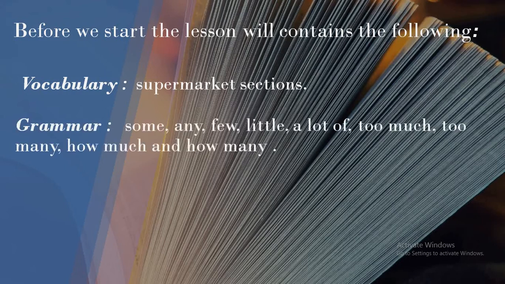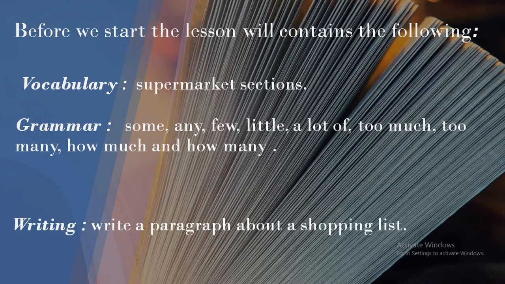And we will have an exercise about some, any, few, little, a lot of, too much, too many, how much, and how many. And in the last section we have writing. We will write a paragraph about a shopping list. So let's start.